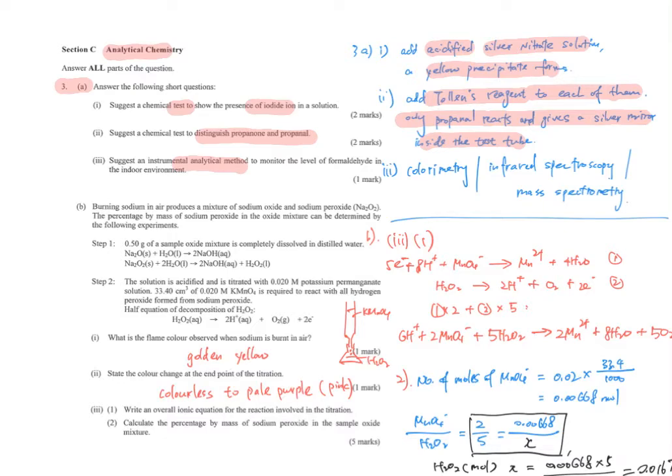You can find the functional group based on the absorption peak. And then mass spectrometry, also very powerful. You can identify what exactly the compound is, find out different fragments, and also the molecular ion peak.